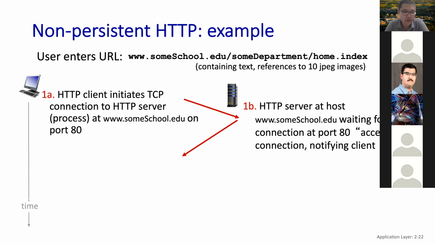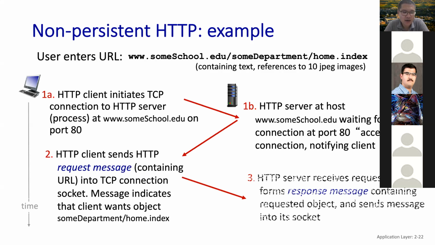So this is the first round. Then the second round: the HTTP client knows that you accepted my request, and we have already established the connection, so I send a message to indicate what kind of object I want to get.